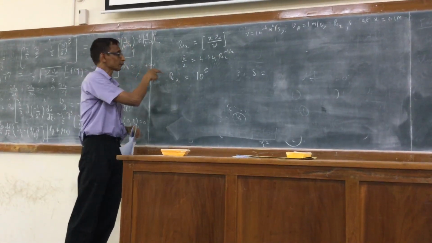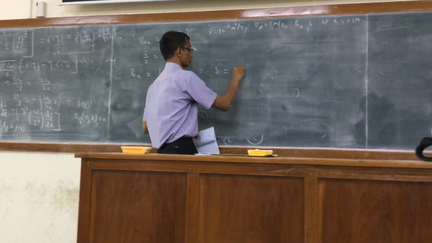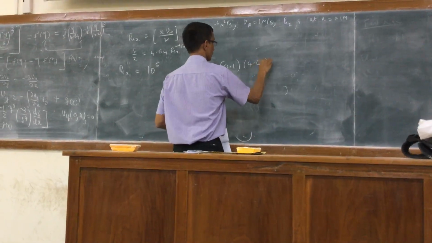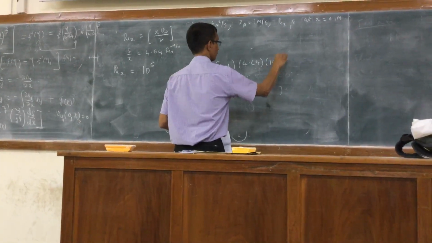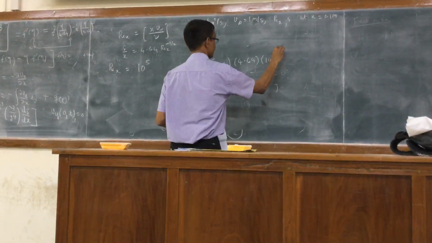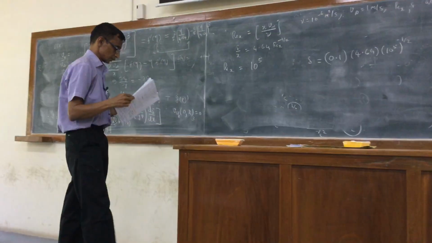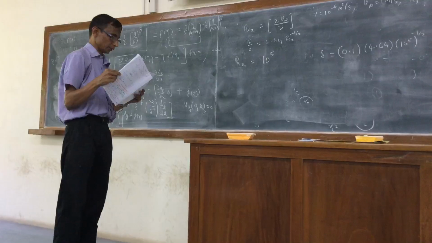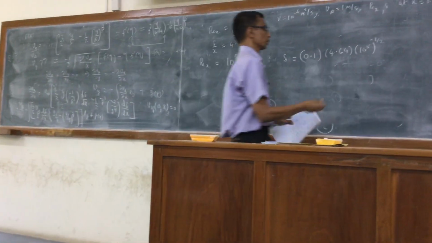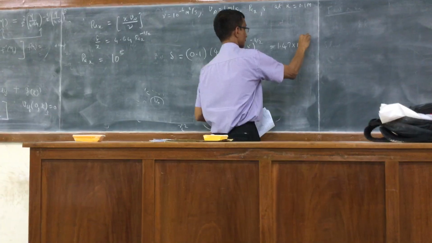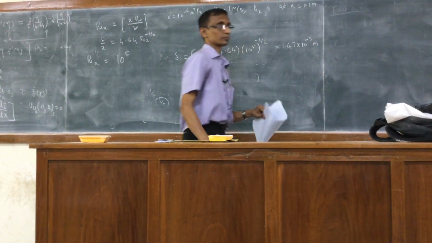So at x equal to 0.1, delta is 0.1 times 4.64 times 10 to the power 5 minus half. And that turns out to be 1.47 times 10 to the power minus 3 meter.